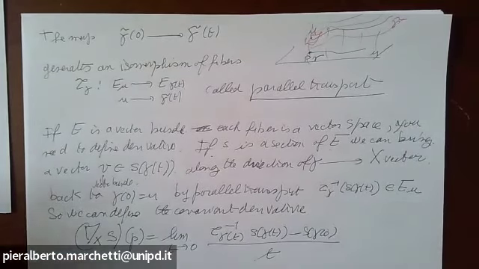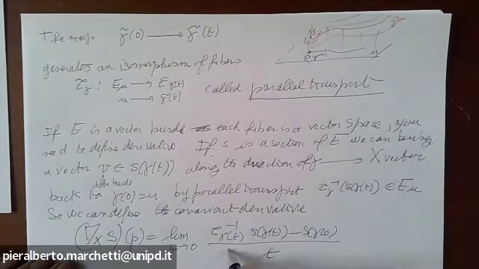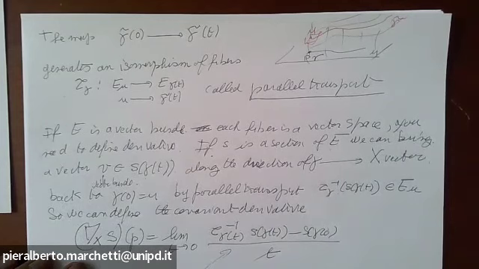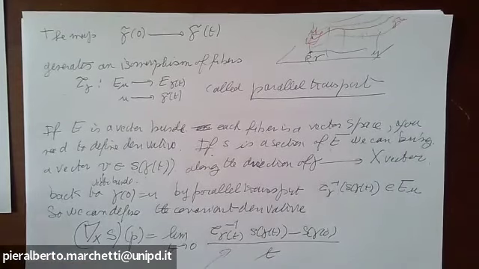And you see, everything is well defined because it is a difference in a vector space. So you see, you have found that the connection in a vector bundle exactly defines a modification of the usual derivative into a covariant derivative.